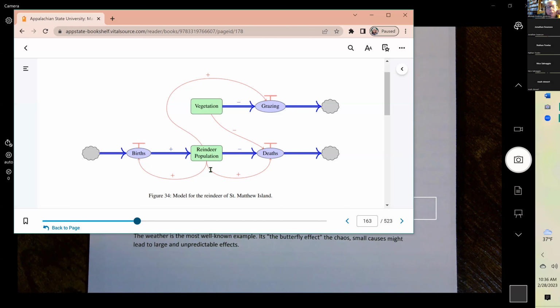Notice if you go this way, there's 1, 2 negatives. So that one would be amplifying. So it's amplifying the reindeer population until this is gone, and then they have nothing to feed on.